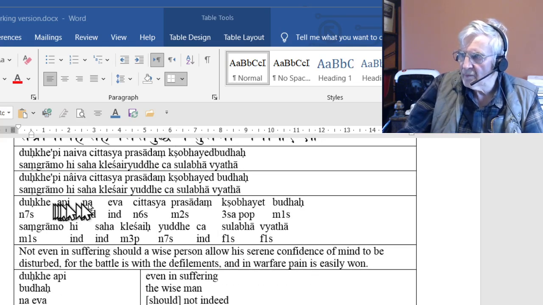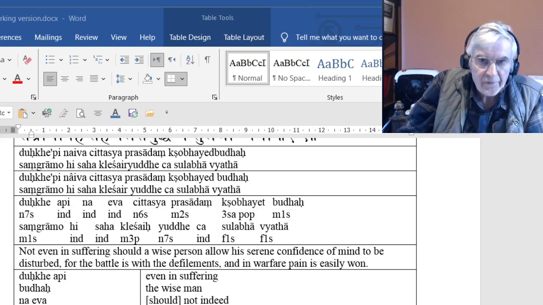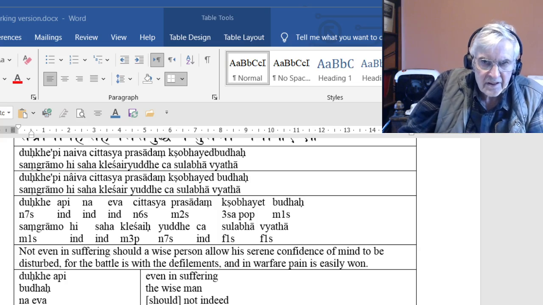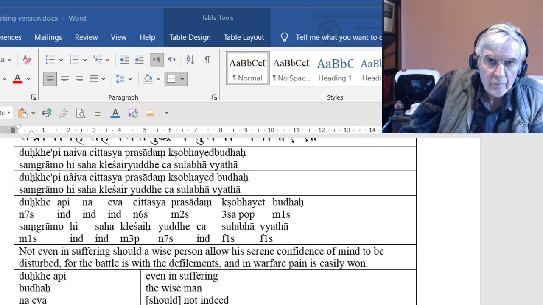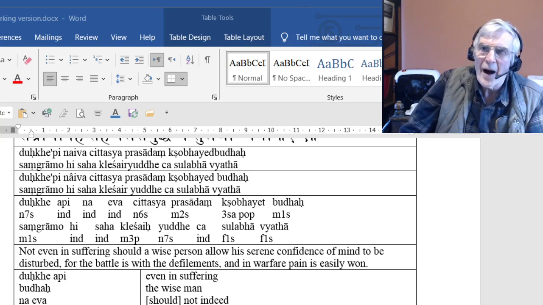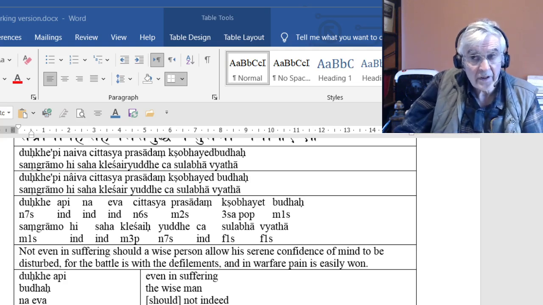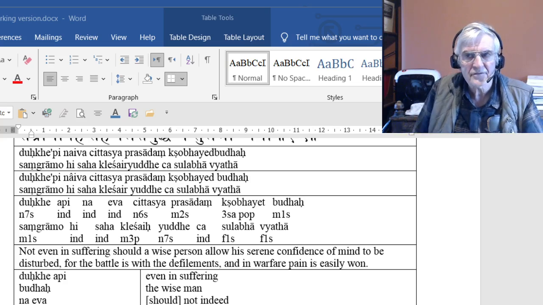So, sangramo hi duhkhe api, even in suffering, naiva chittasya prasadam kshobhayet. One should not, and here specifically the Buddha says, na kshobhayet, should not disturb or allow to be disturbed. I think I mentioned earlier, kshobh is actually cognate with the English word to shove or shift.